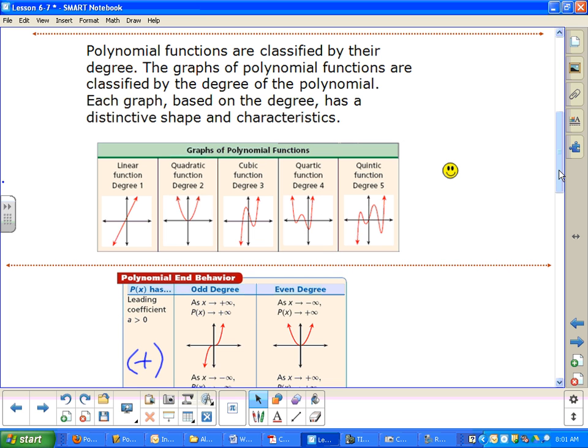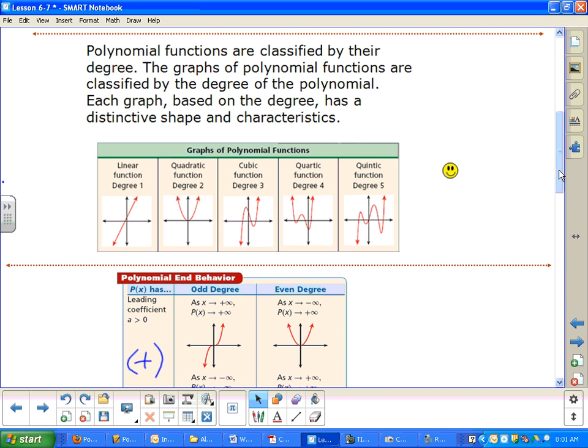The lines go up and down, okay? All right, so let's go with that. The lines go up and down. Now look at the 2 and 4, degree 2 and degree 4. Look at them and then compare them to the 1, 3, and 5.